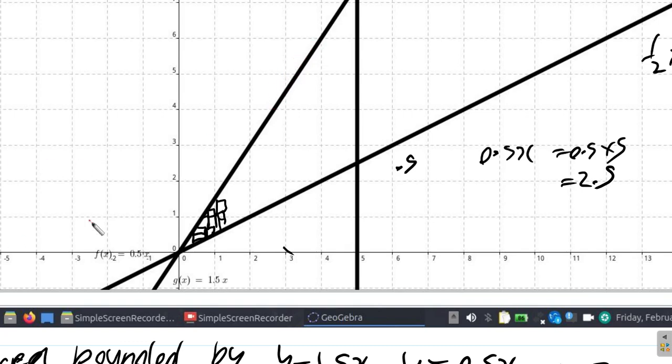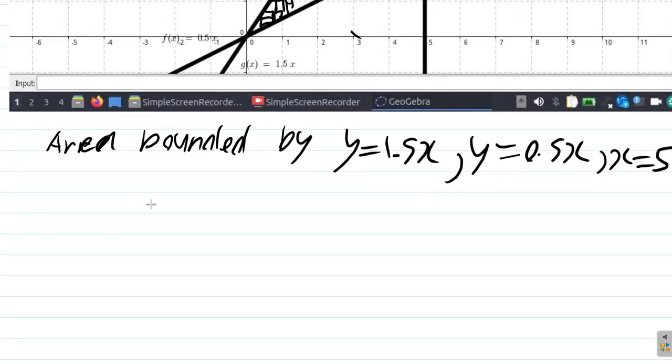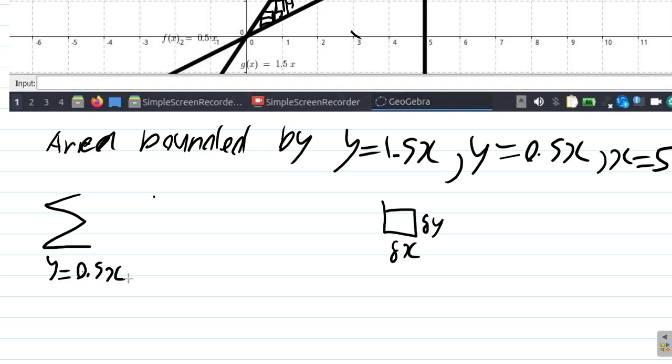You can see that. So we're stacking up y's, the heights. Remember the little squares, the height is a change in y and the width is a change in x. So we're summing up from y equals 0.5x to y equals 1.5x, and we're stacking up height, so it's delta y.